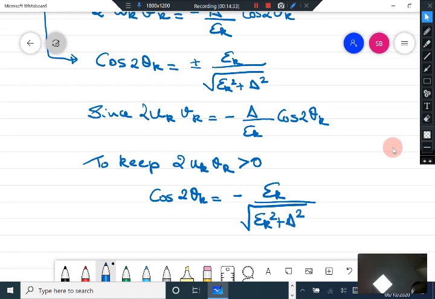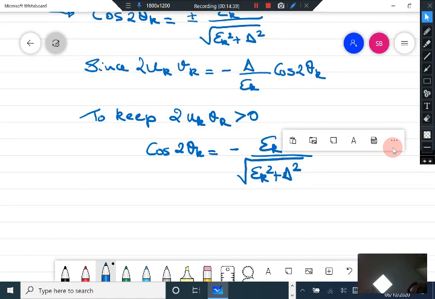So this will ensure that the joint probability uk into vk becomes greater than 0.